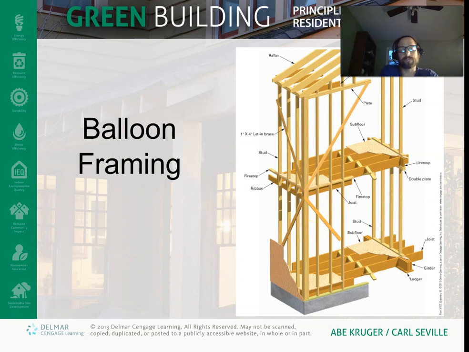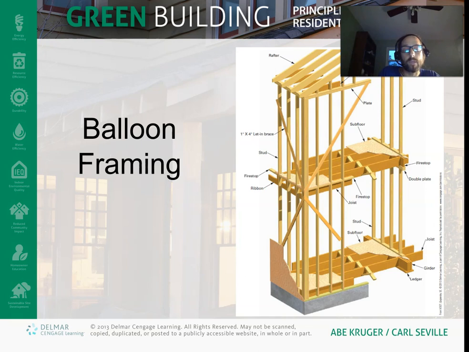Balloon framing was one of the original ways to put together a house. So there's a lot of balloon frame homes actually in this area. If you see a house that was built before like early 1900s and before, you'll probably see balloon framing.